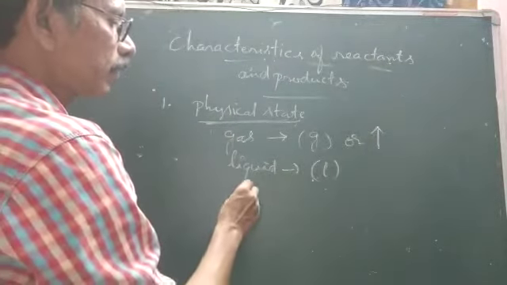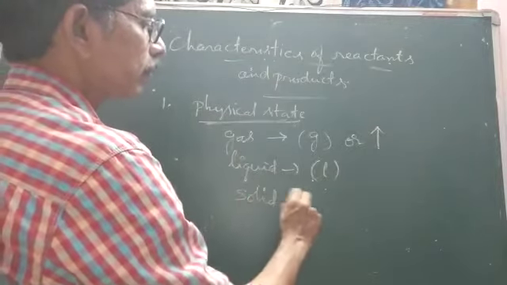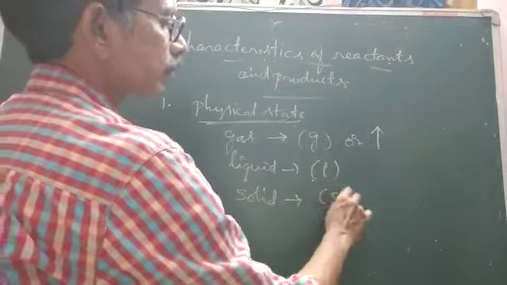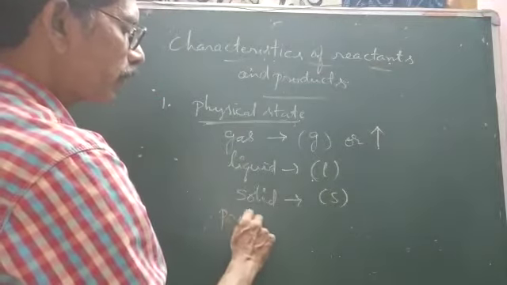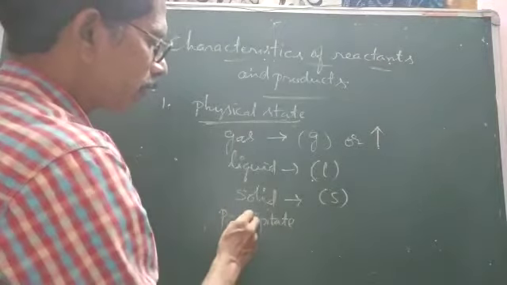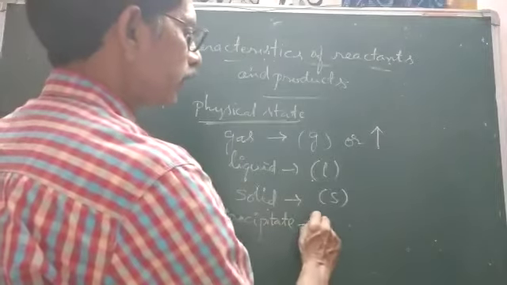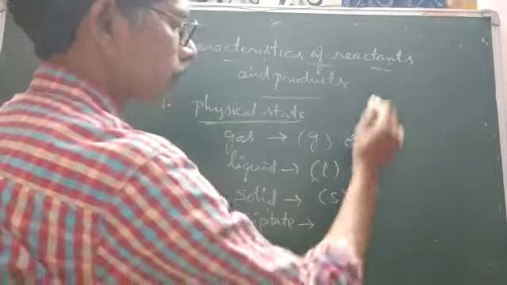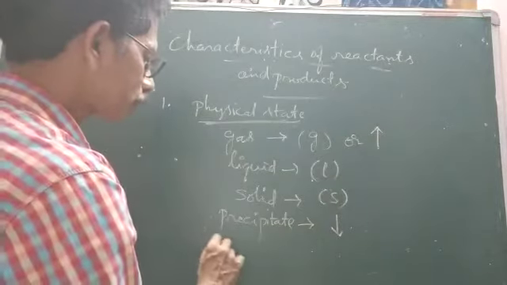Next, third one, solid. Solid means S. Next, suppose precipitate. Precipitate is a solid, but it is a paste. So that is expressed with a downward arrow. Suppose aqueous solution.